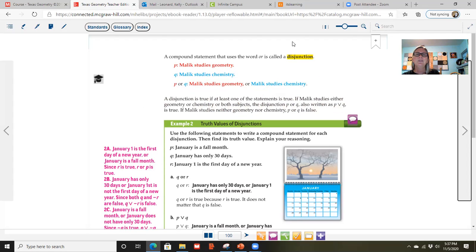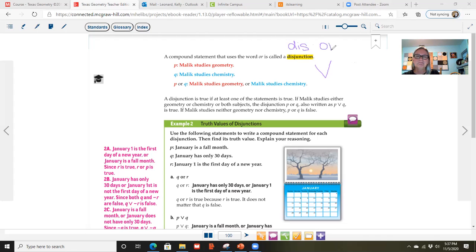So I don't have a good way of helping you remember that one. I know that it looks like a U, and another word for disjunction is union, but I don't need to introduce yet one more word for you. I do remember that disjunction uses the word or.